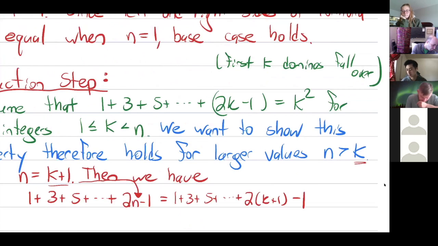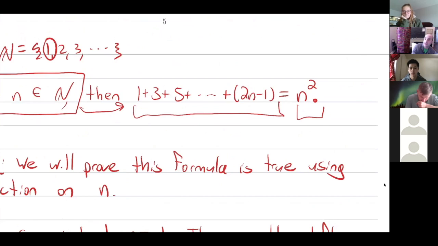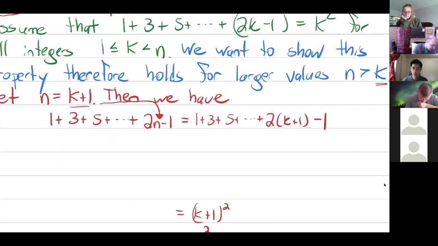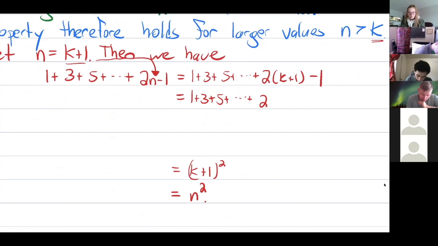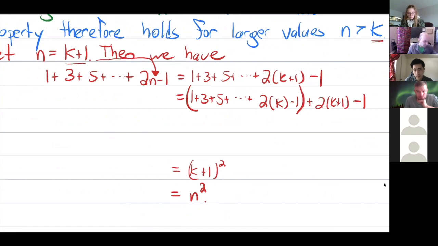So again, what we're hoping to show is this property over here. So I'm going to do this for the next integer, which is k plus 1. So I'm just going to write it out like this, right?